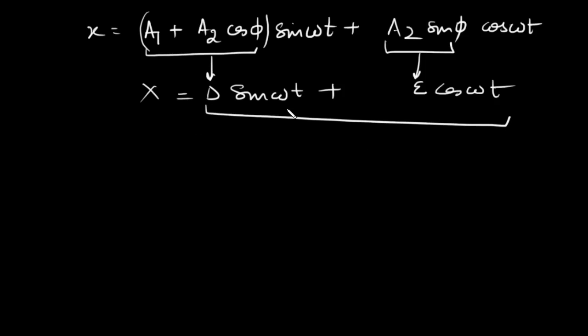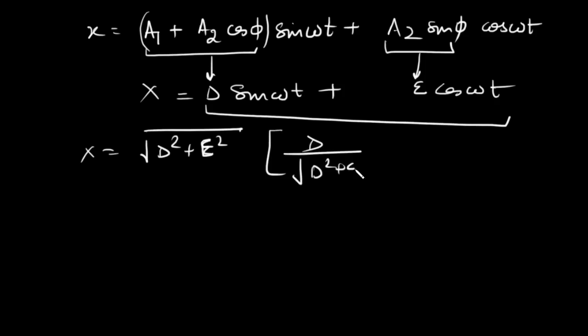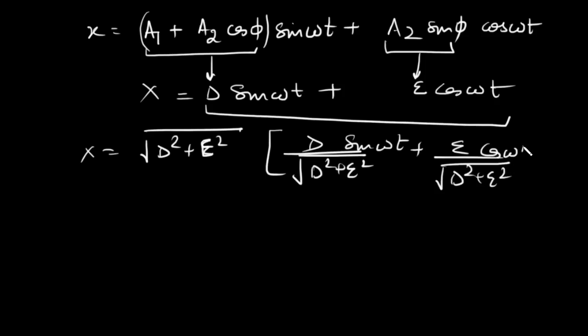We multiply and divide by root under D square plus E square. This gives us D upon root under D square plus E square sine omega t plus E upon root under D square plus E square cos omega t.